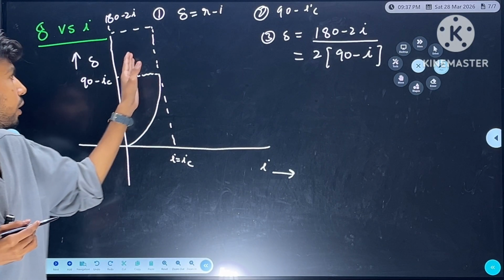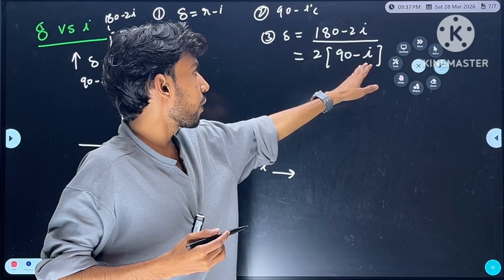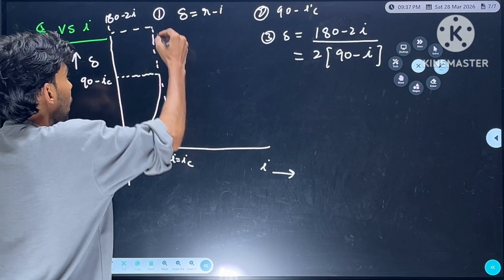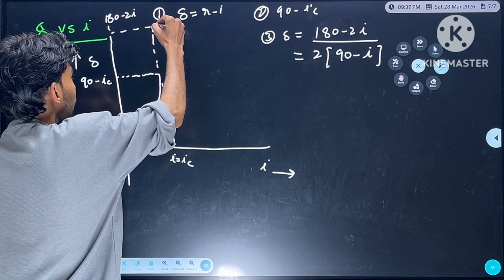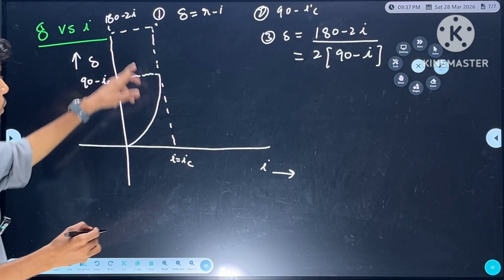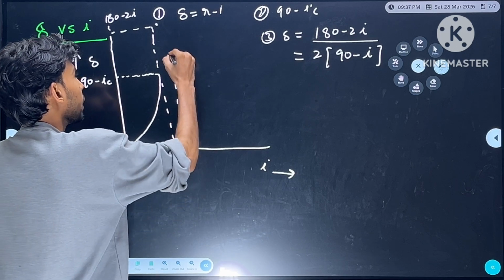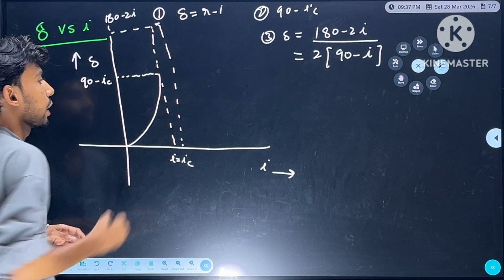And then I further increased I, then what happened there? As I increase I, this delta was decreasing linearly. So see, this 180 minus 2I is not for I equal to I_C. That is for some value that is a little bit greater than I_C. Here I got this value.